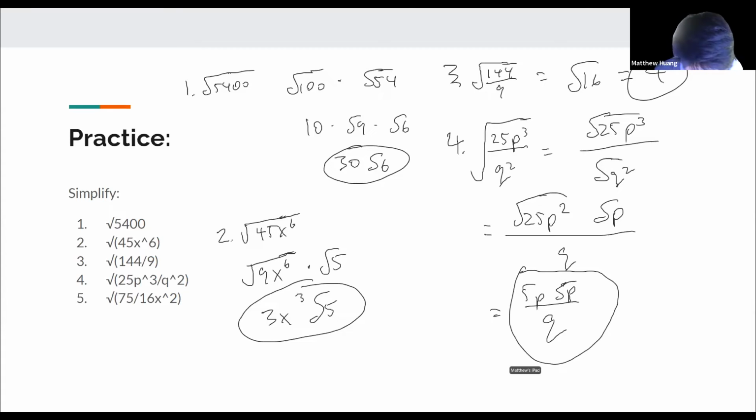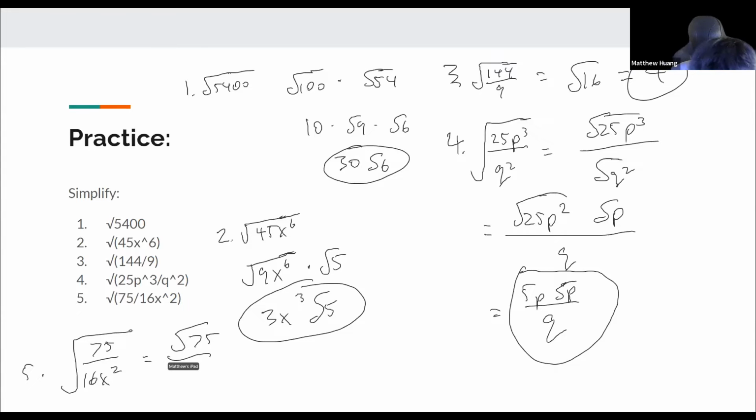And number 5, that's big. Okay, I'll just write that down here in the corner. So this one's another fraction. So root 75 divided by 16x squared. Again, we can split up the square root into the top and the bottom. So root 75 over root 16x squared. 16x squared is pretty straightforward. It's just 4x squared, so root of that turns into 4x.